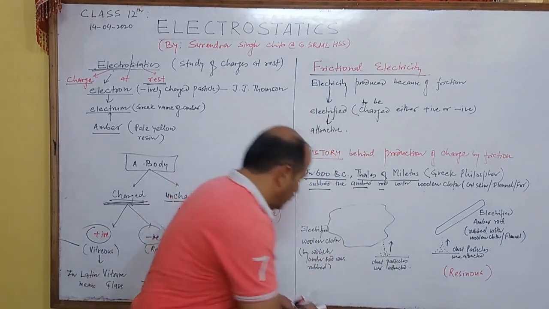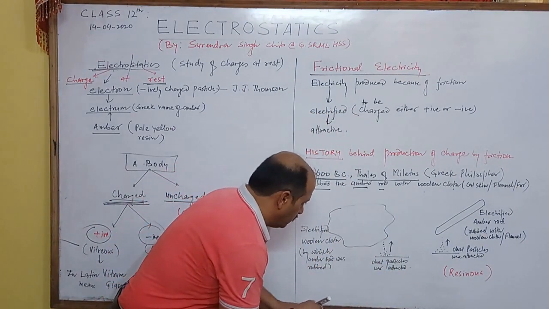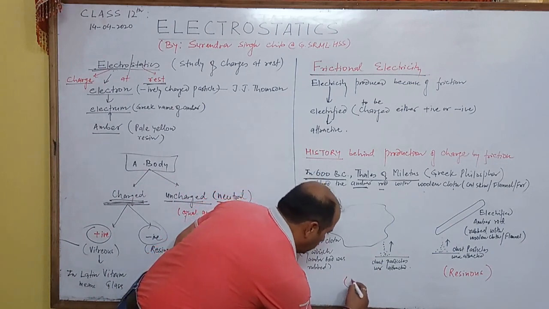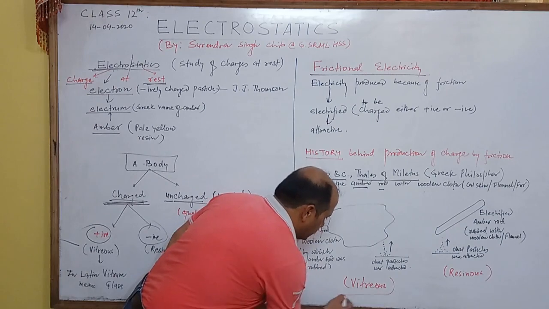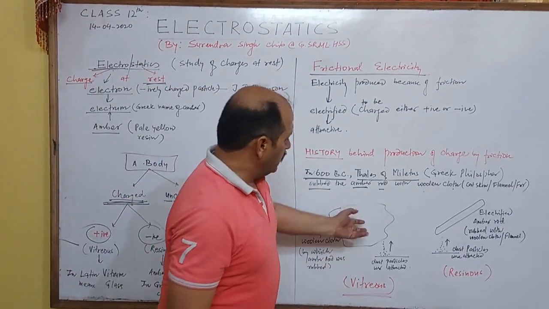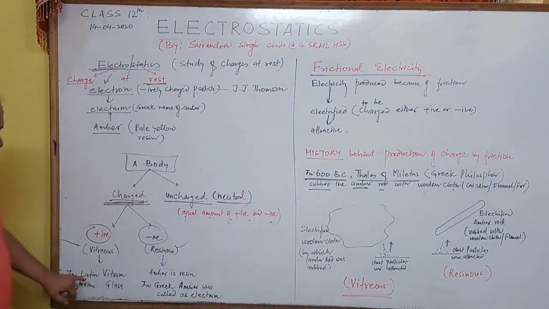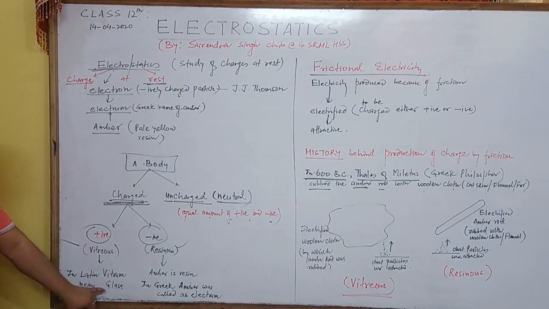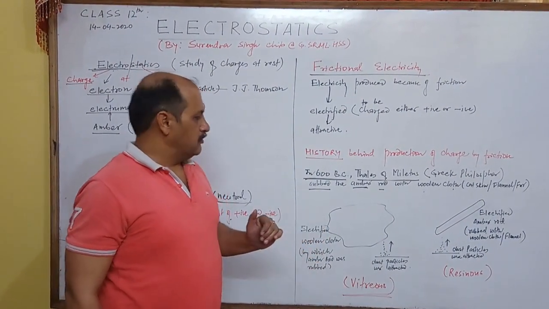Later on, the electrified property of a woolen cloth was called vitreous. Vitreous was a Latin word given to glass. So this will be explained in my next video.